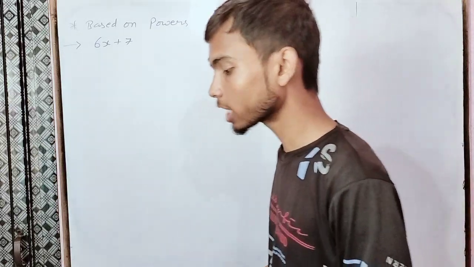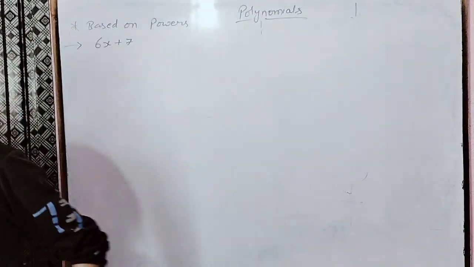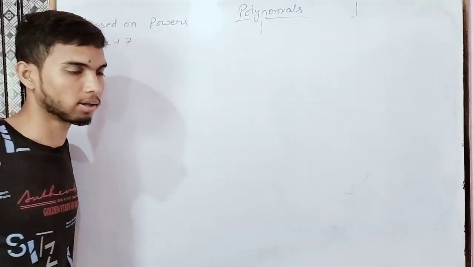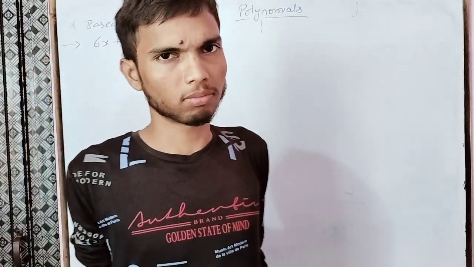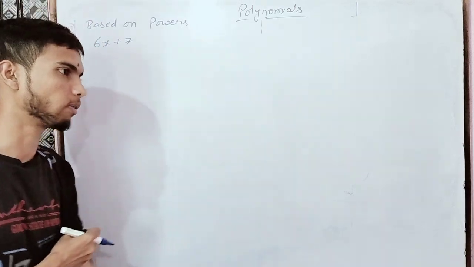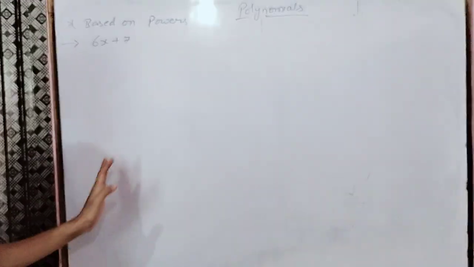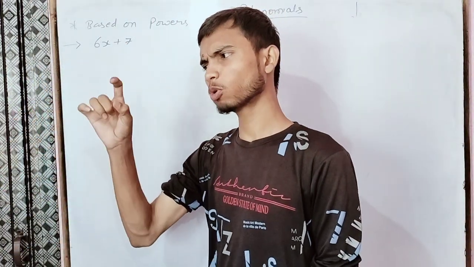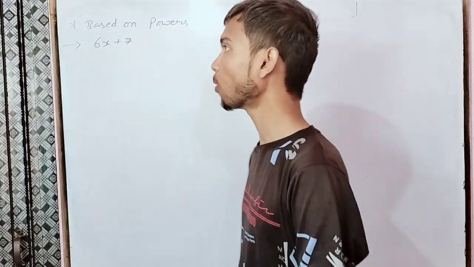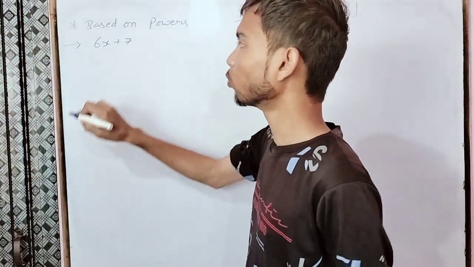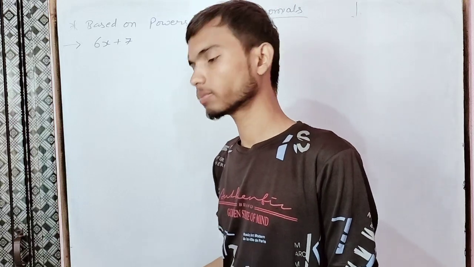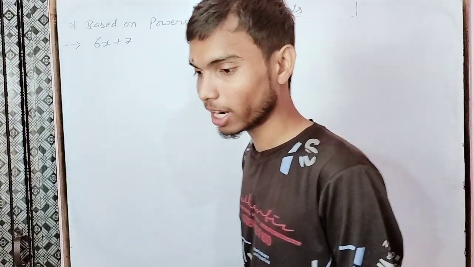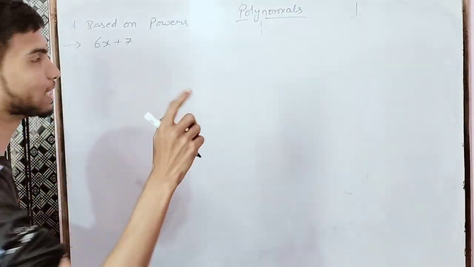So if exponent in given polynomial is 1, only 1, then that polynomial will be called a linear polynomial.